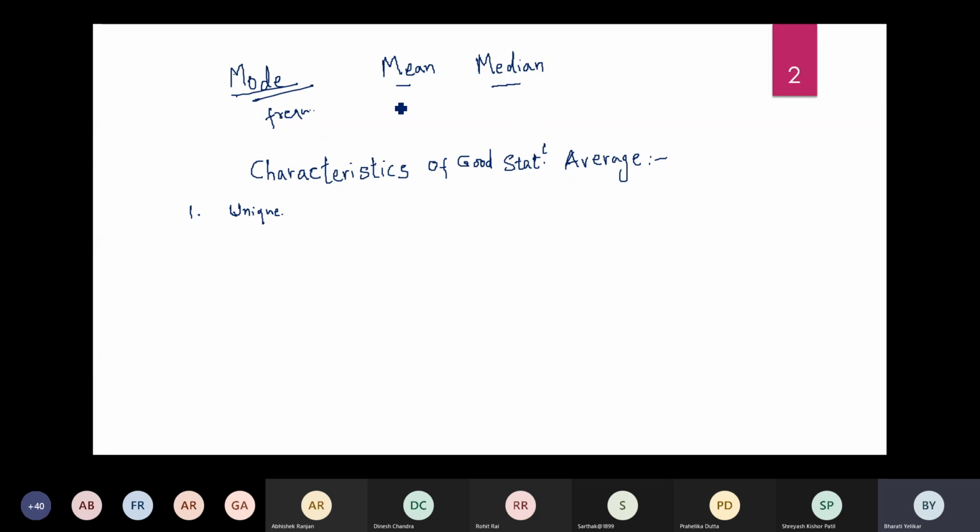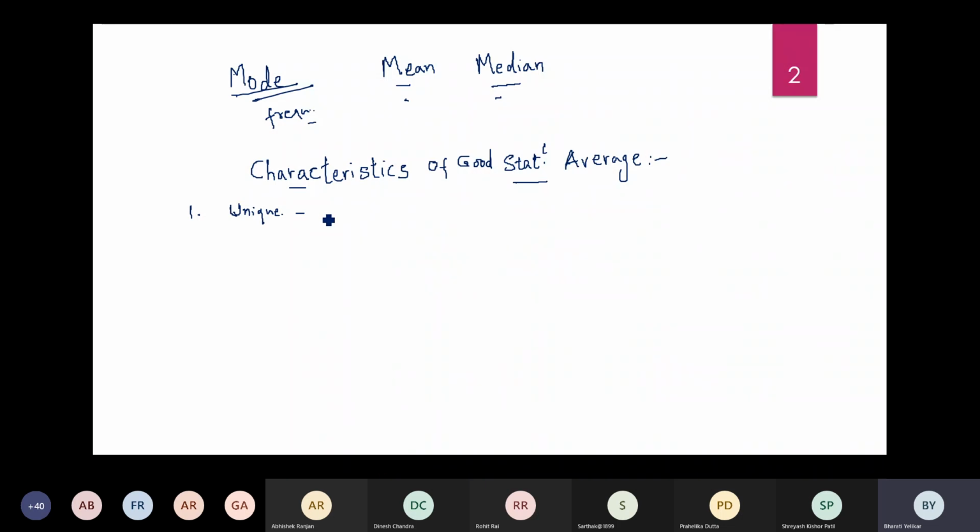And then what should be the central tendency, whatever the calculations, for what purpose and why. So you have to decide, and then you have to calculate, suppose, average. And what should be the characteristics? You should obtain a unique answer, and it should be well defined.